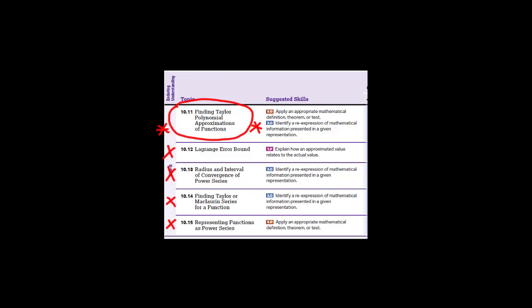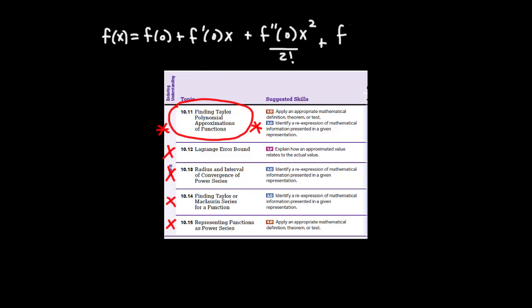If you're going to find a Taylor polynomial approximation, that is basically the same as finding a Taylor series, which really incorporates the following. Recall that f of x is equal to f of 0 plus f prime of 0 x plus f double prime of 0 x squared over 2 factorial plus f triple prime of 0 x cubed over 3 factorial plus dot dot dot.